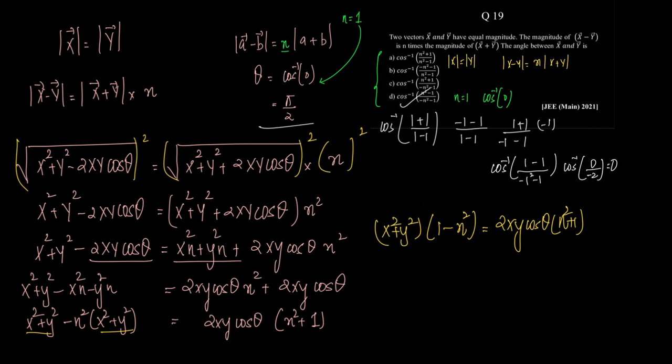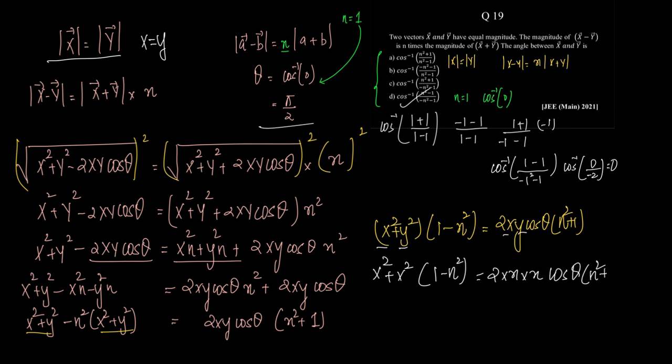Have a look here. Modulus of x is equal to modulus of y, which means we can write x is equal to y. So x square plus y square will be x square plus x square, into 1 minus n square is equal to 2 into x into x cos theta into n square plus 1.